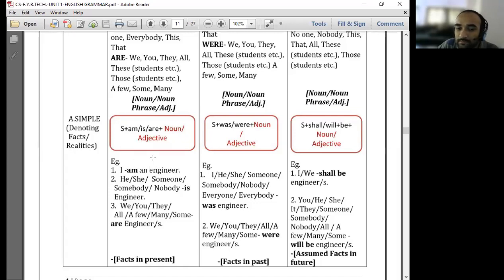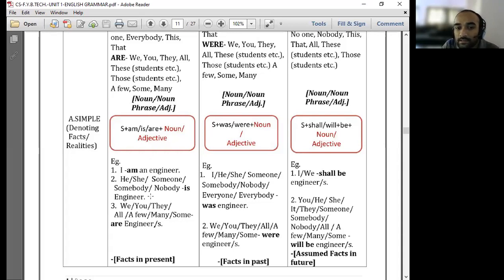We can use different subjects like you. So you are tall, or you are pretty, or you are beautiful. We can use any adjective or noun also. You are a student. I am a teacher.